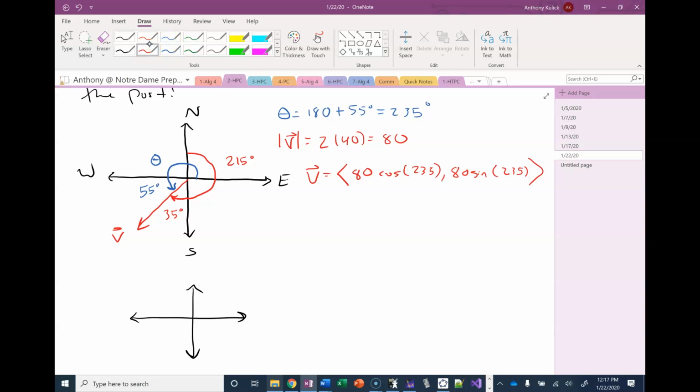For my second leg, I turn at a bearing of 162 degrees. So 90, and then 72 more puts us down there. Again, we don't want that angle, we want this angle, which is just 360 minus that 72.